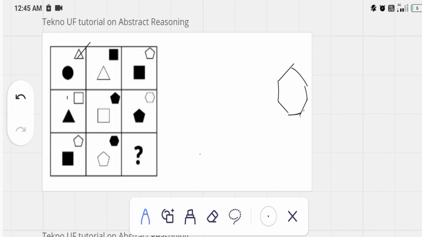The figure which was here is in the second box with shading, and which was here is in the third box with shading. Which was here with shading is here not shaded. The pentagon was here, and the pentagon here not shaded. Here the pentagon not shaded, and here the pentagon shaded. So the hexagon is here, so this should be shaded.